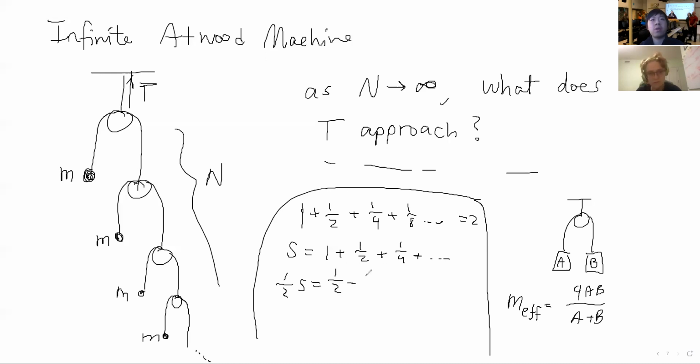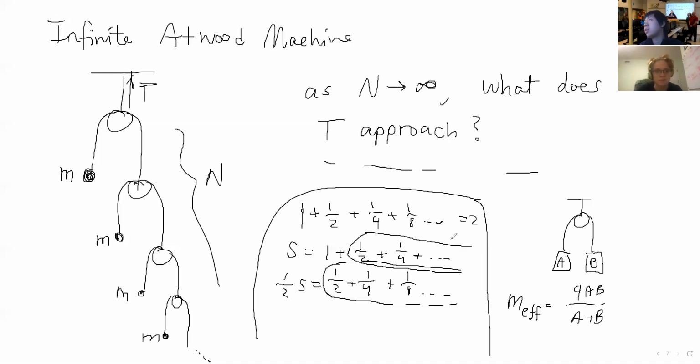So half plus 4th plus an 8th, dot, dot, dot, right? But notice that this entire portion is just equal to this entire portion, right? So now we're not adding, we're subtracting. Now we take S minus 1/2 S, this is just equal to 1, right?